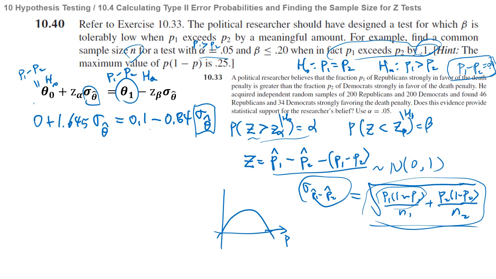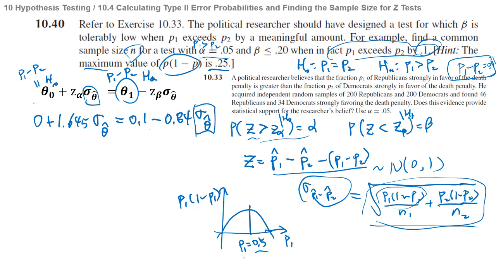This is P1, and the y-axis is P1 times 1 minus P1, and the maximum is derived when P1 is 0.5. The maximum of this thing is 0.25 when P1 is 0.5.